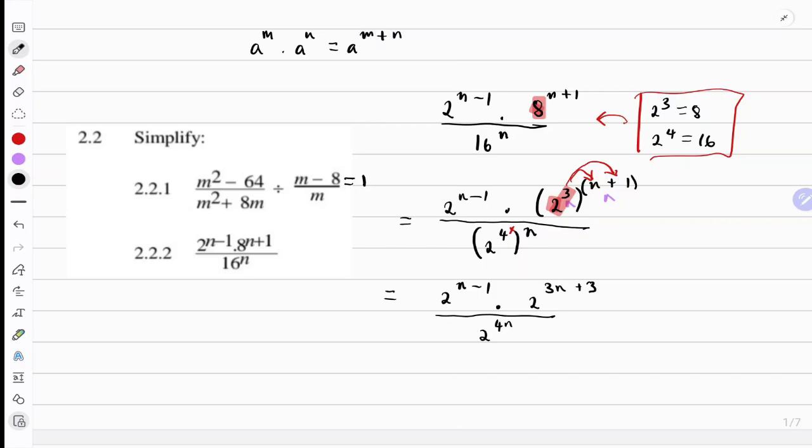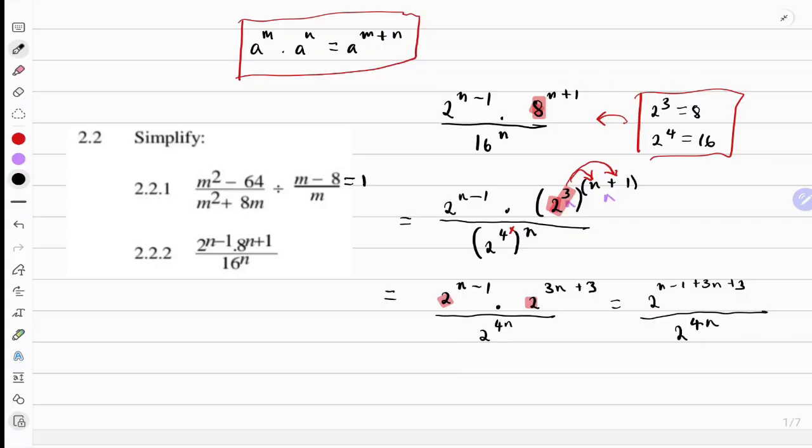We can apply this identity to the given expression. Again, you can see we've got similar bases, so we can add the exponents. So this is equal to 2 to the power of n minus 1 plus 3n plus 3, and the denominator is 2 to the power of 4n.